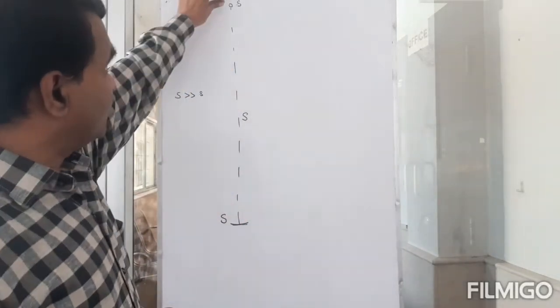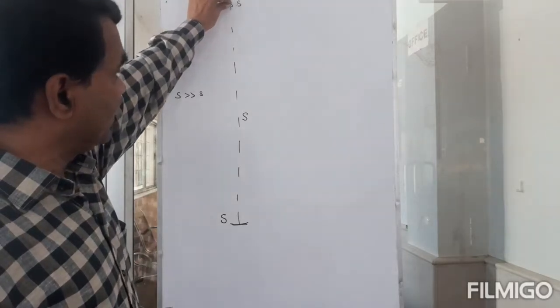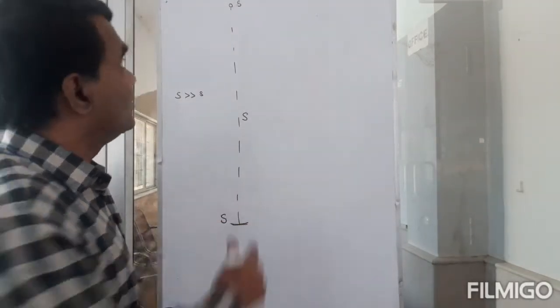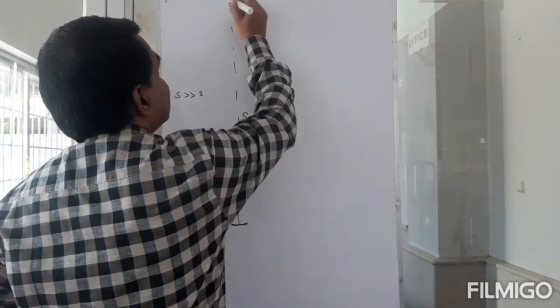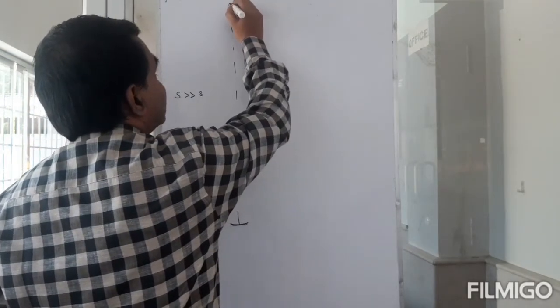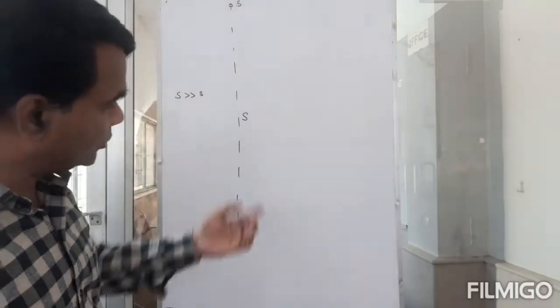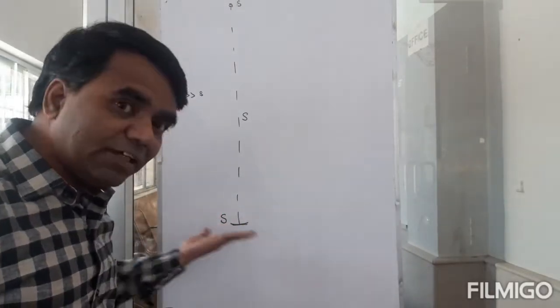Now, whatever be the source, the point that is producing the light in that source would have a plane wave here. Maybe it was this point that was producing it, or maybe another point.